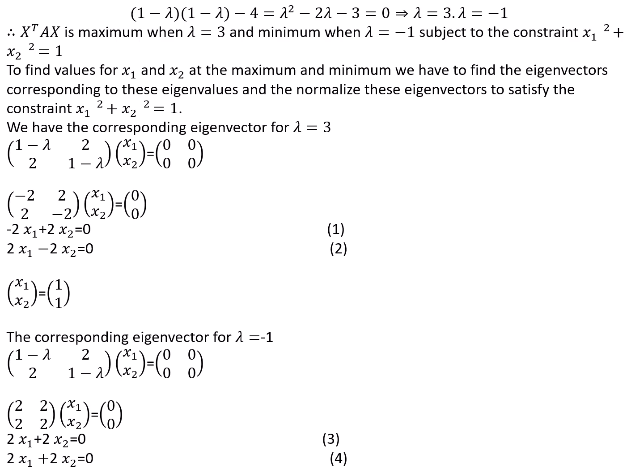So go back to that equation where you have your 1 minus lambda, then 2, that matrix multiplied by your column vector x1, x2 is equal to 0. The next thing is just for you to substitute the values of lambda into that matrix. You see that 1 minus 3 gives you minus 2, then 2, 2, then minus 2. So you're able to get the matrix.